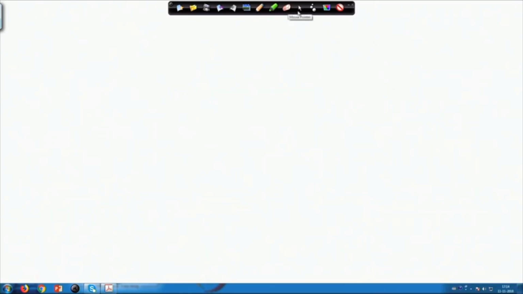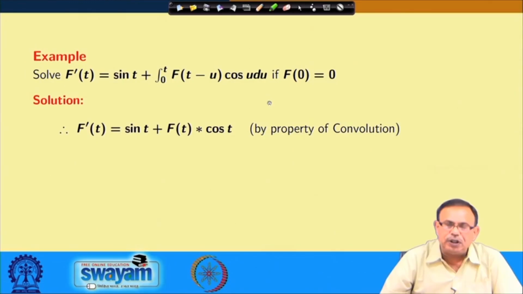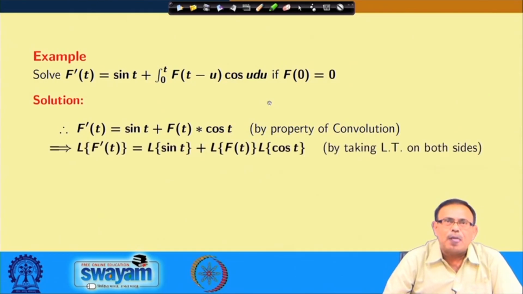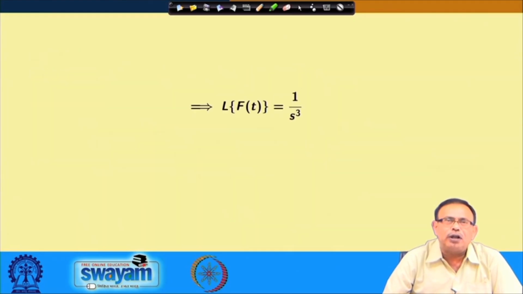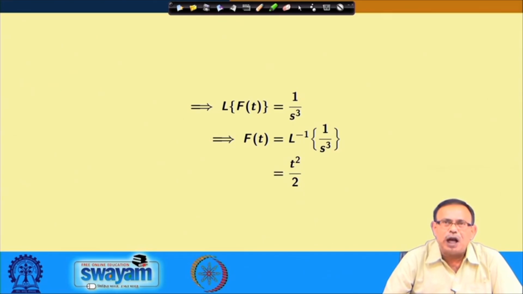So, we are writing over here, the Laplace transform of f′(t) is this one. You substitute the Laplace transform of cos t, f(0) is 0, so that you obtain the Laplace transform of f(t) equals 1 by s³, and once I obtain this, f(t) is the inverse Laplace transform of 1 by s³, which is nothing but t²/2, and the value of f(t) is t²/2.